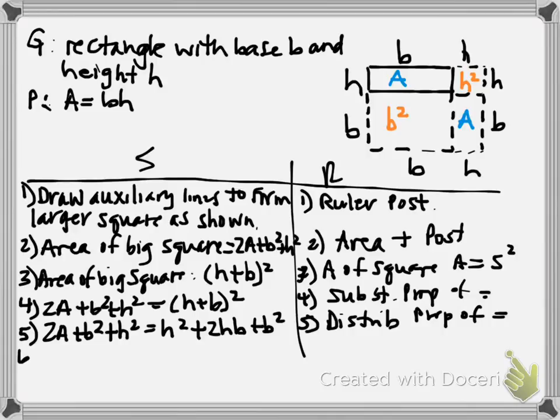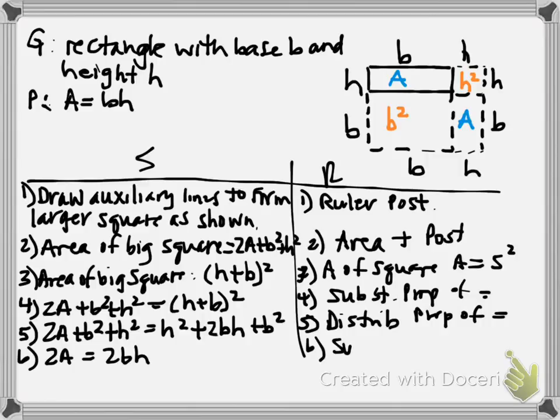So remember, my job is to get A alone, so I'm going to subtract B squared from both sides, and I'm going to subtract H squared from both sides. And I get 2A equals 2, and actually I'm going to rearrange these letters, I just realized now. These should be BH. Why do they need to be BH? Because that's what the formula has, right?